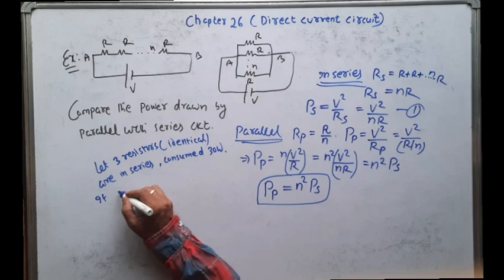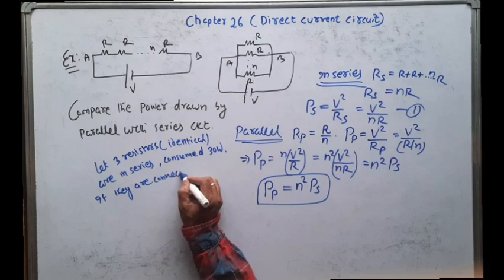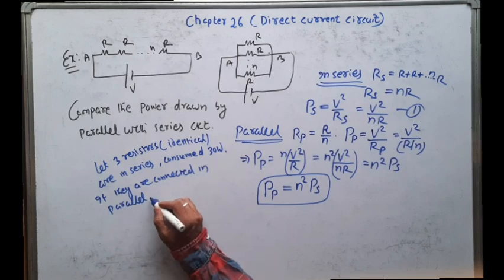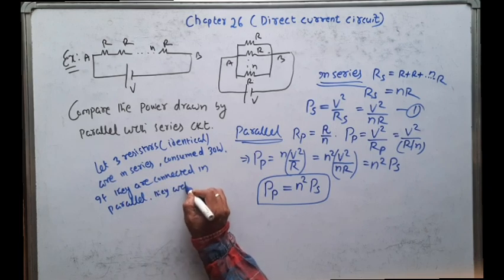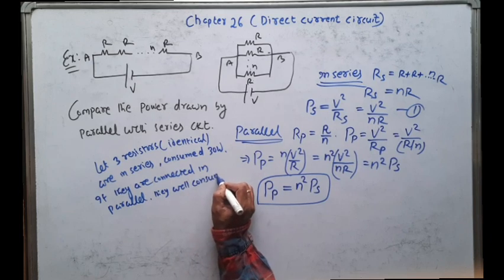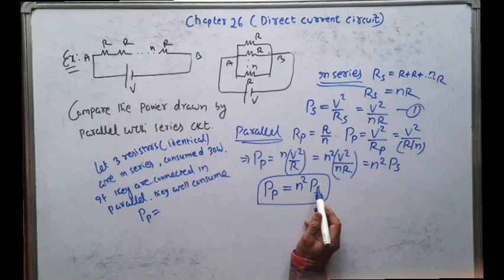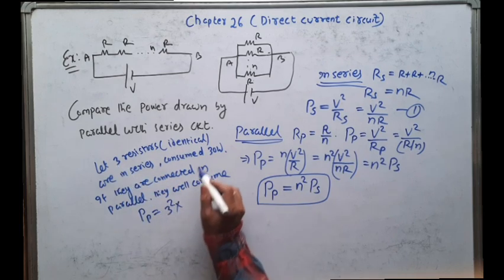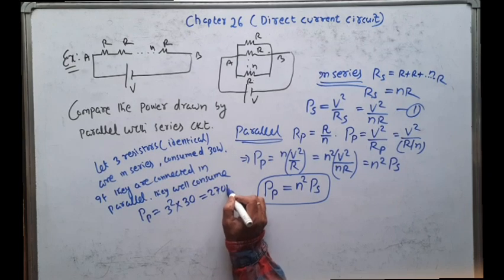If they are connected in parallel instead of series, what will they consume? Just see that this is the formula: power consumed in the parallel circuit is N square times the power consumed in the series circuit. N means the number of identical resistors. So here N is 3. So 3 squared into the total power in series, that is 30. So that is equal to 270 watt.